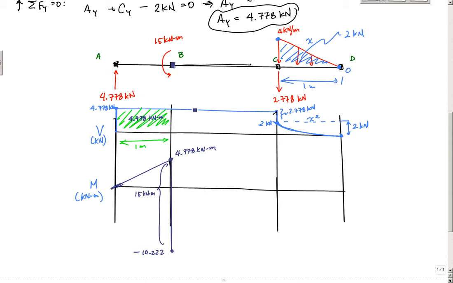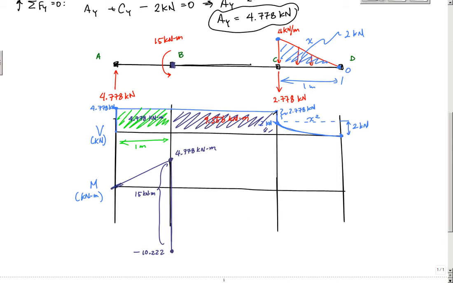And then, again, in this zone I have, for 2 meters, this area, which is 9.556 kilonewton meters. So from this point down here, going to the right, I'm going to jump up by this area, 9.556 kilonewton meters.